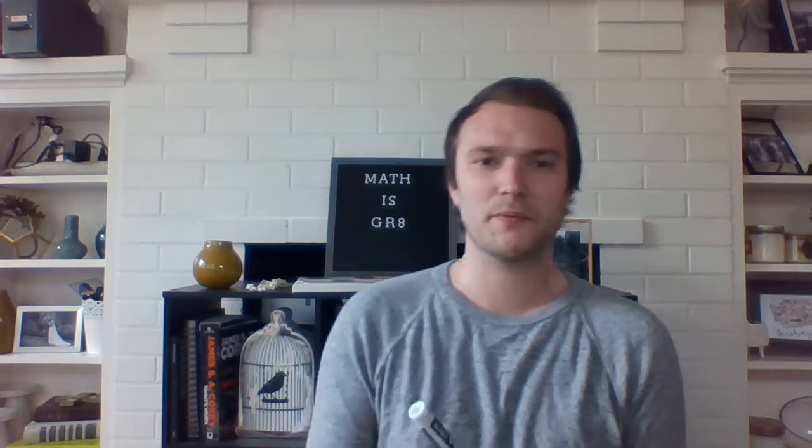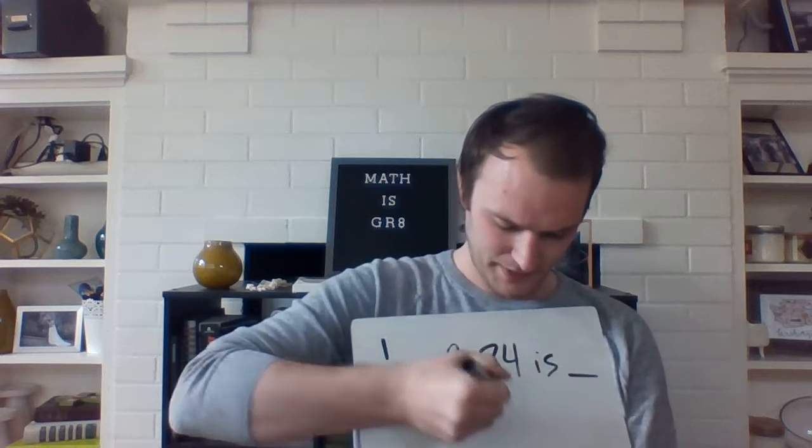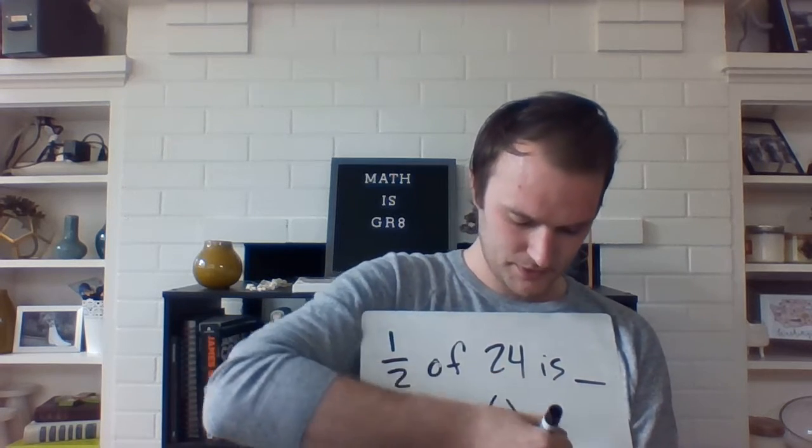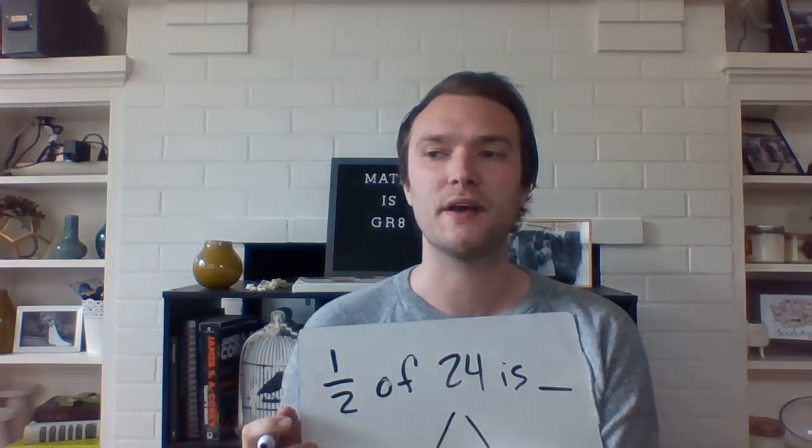Or I've got 2 groups. So when we're finding something like half of 24, we know that we're taking 24 and we're splitting it into 2 even-sized groups.